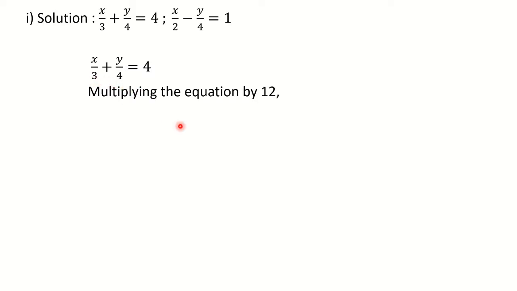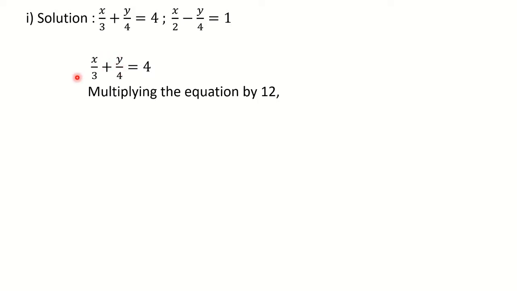So when we multiply here by 12, 3 4s are 12. That 12 will get cancelled with 3 and here you will get 4x. And when you multiply here by 12, 12 will get cancelled with 4. 4 3s are 12. So here you will get 3y. So 4x plus 3y.